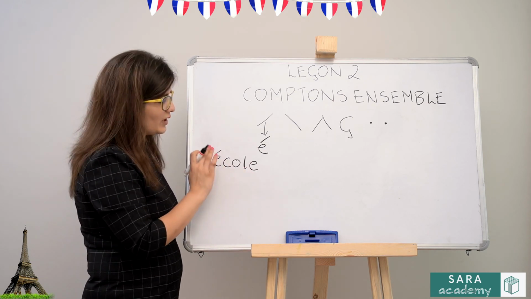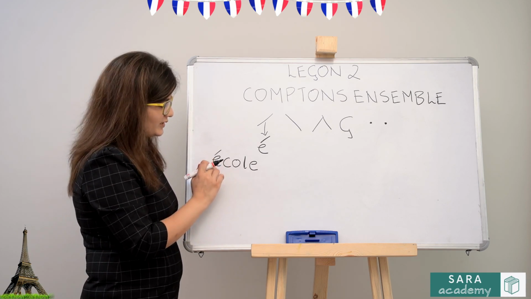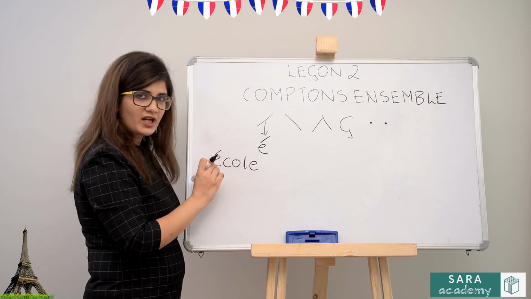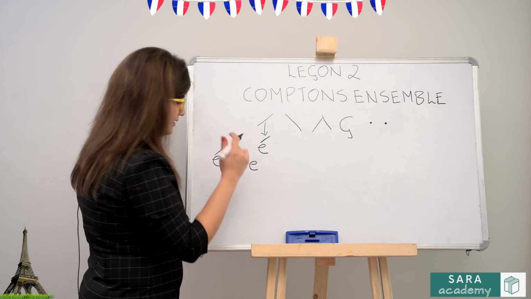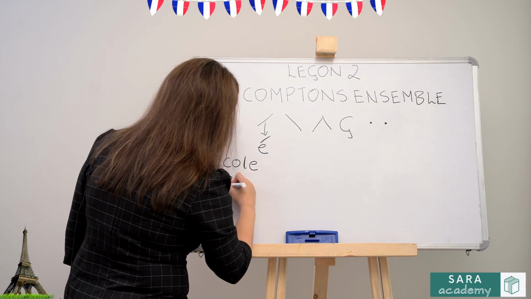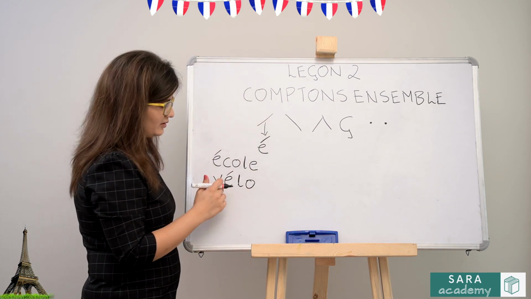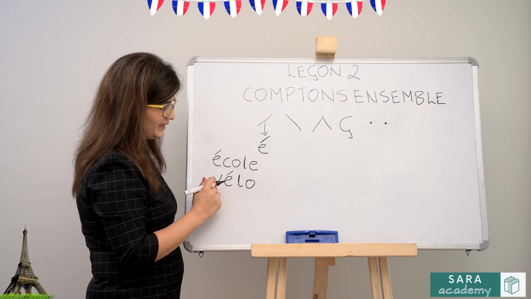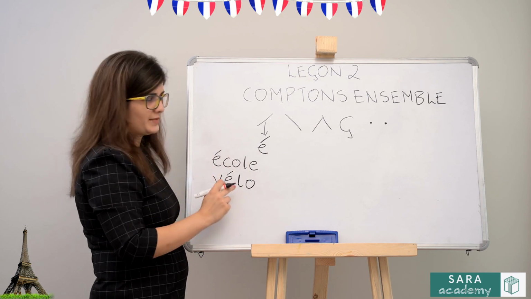There is no logic. It's part of the spelling and you have to memorize it accordingly. So this would be E aigu, C-O-L-E. Another word, vélo, which means a bicycle. So V-E aigu, L-O. This is how you memorize it.